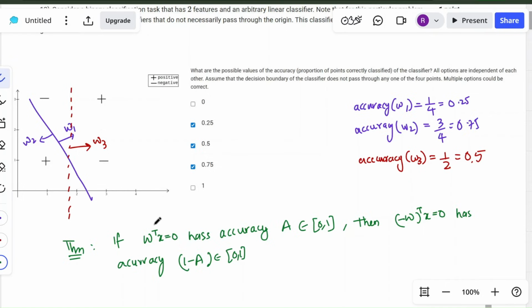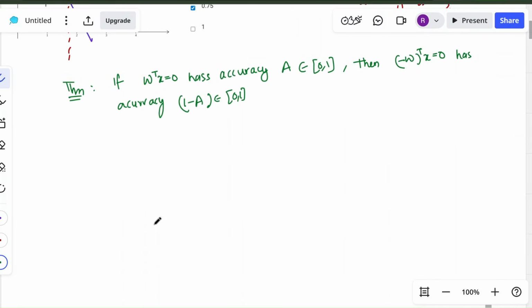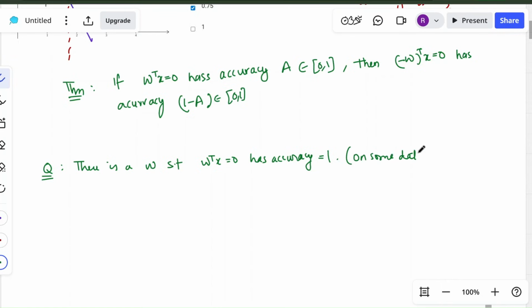So if you have a question which says, let's say there is a W such that W transpose X equal to 0 has accuracy equal to 1 on some data set. That means it is classifying all of them perfectly.